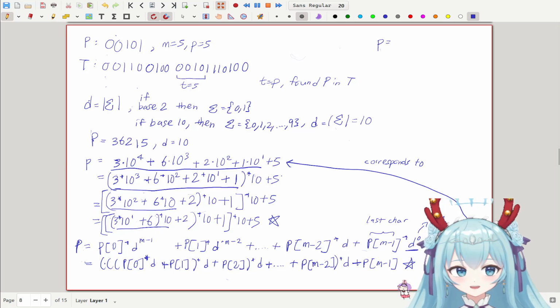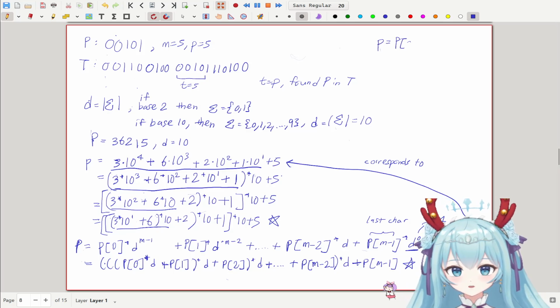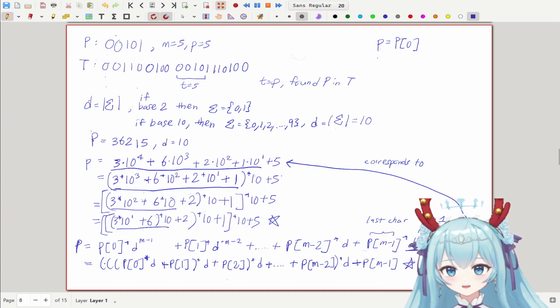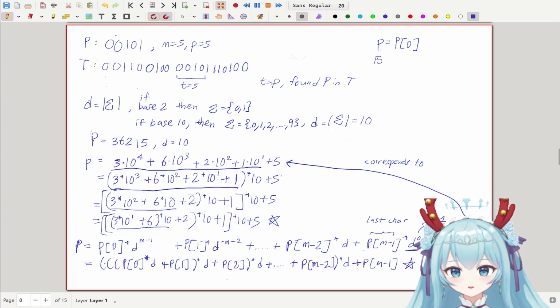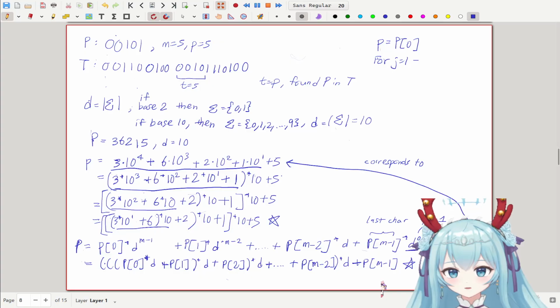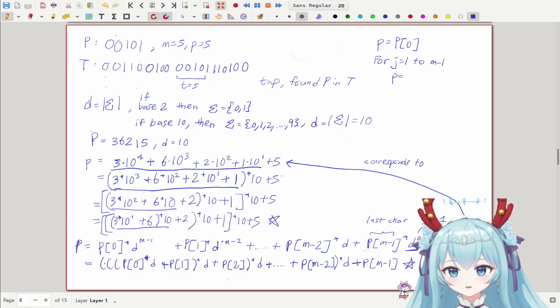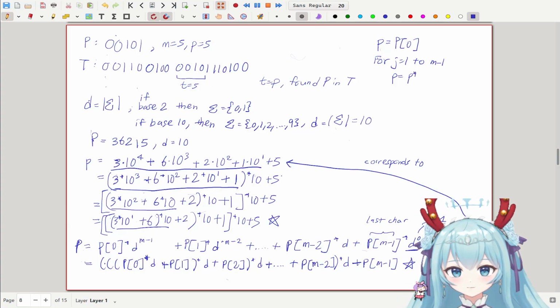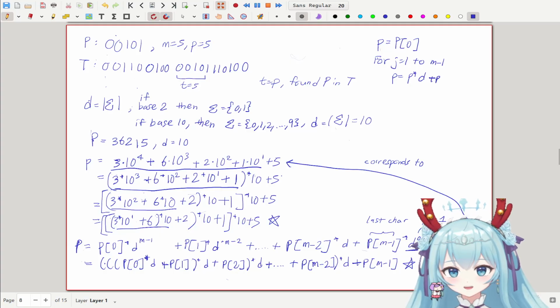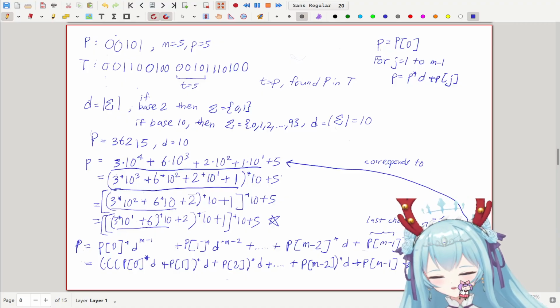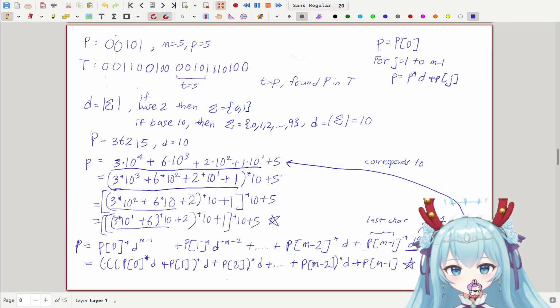In this case, P will be equal to the first character, and for J equals 1 to M minus 1, we'll do this: P times D plus P of J, which makes sense, and we realize it's M minus 1 times. See this plus over here, that means we'll be adding M minus 1 times.